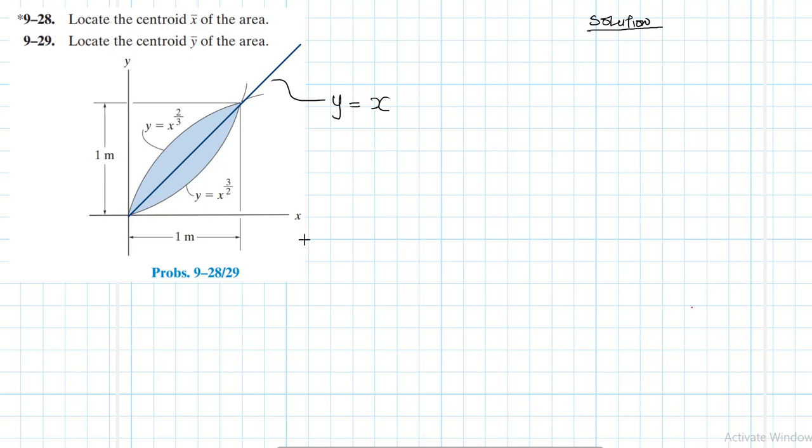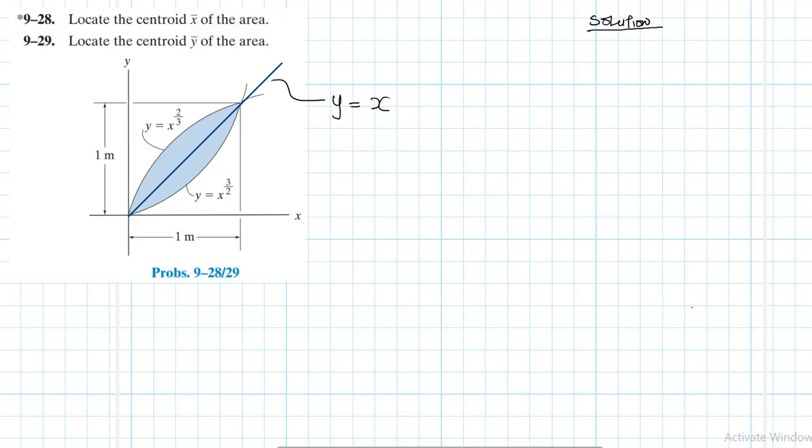The gradient is 1. So one curve is the mirror of the other, right? Great. So there is symmetry along that axis I've just drawn, this inclined axis.